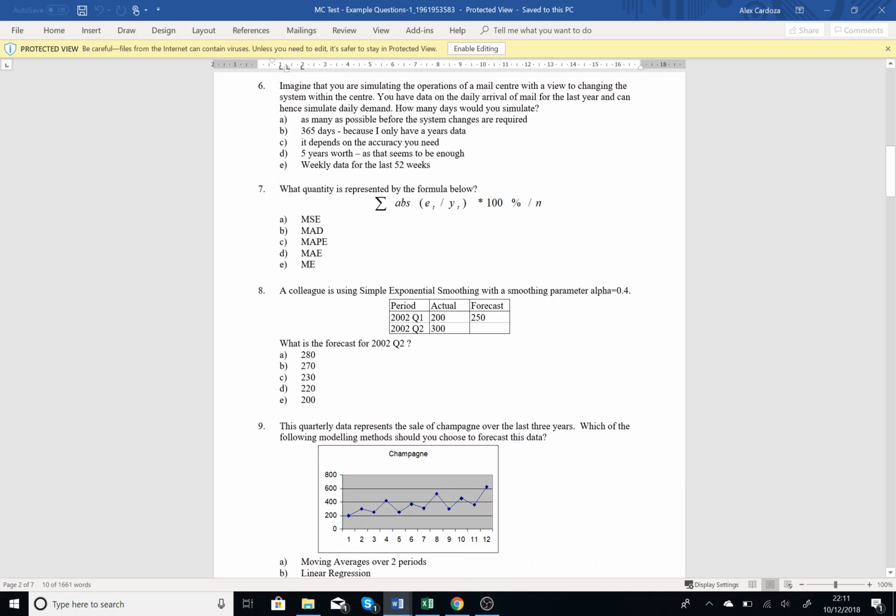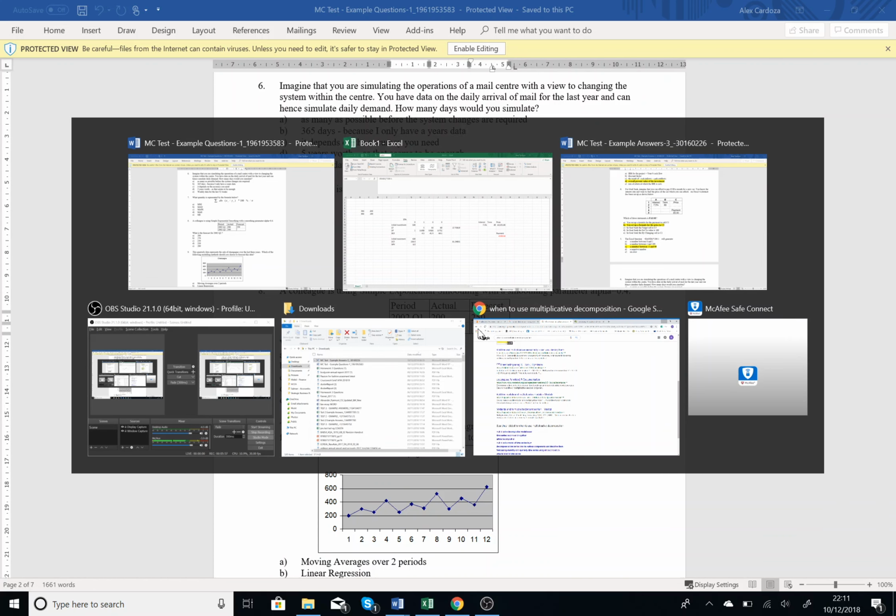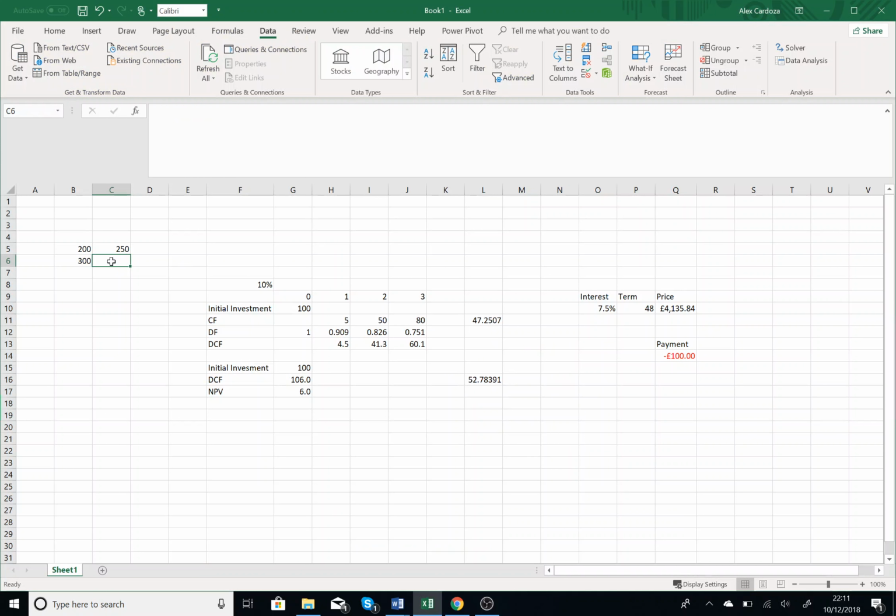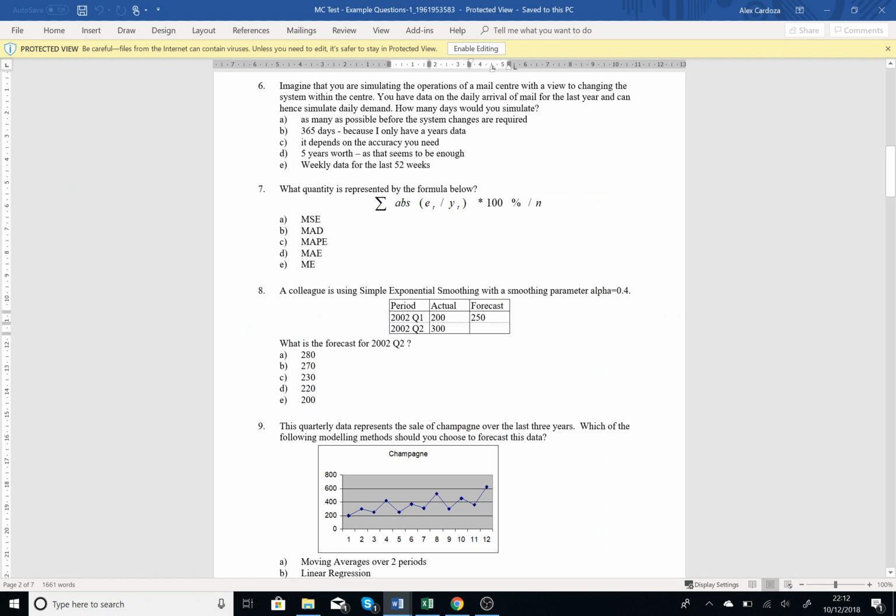Okay, so here. The formula for this, yeah, I'll show you on Excel. The formula for this is, so that you take this. So firstly, it is this. Yeah, so your forecast, your actual from your last period. So it's that plus 1 minus A, which is the 0.4 there.